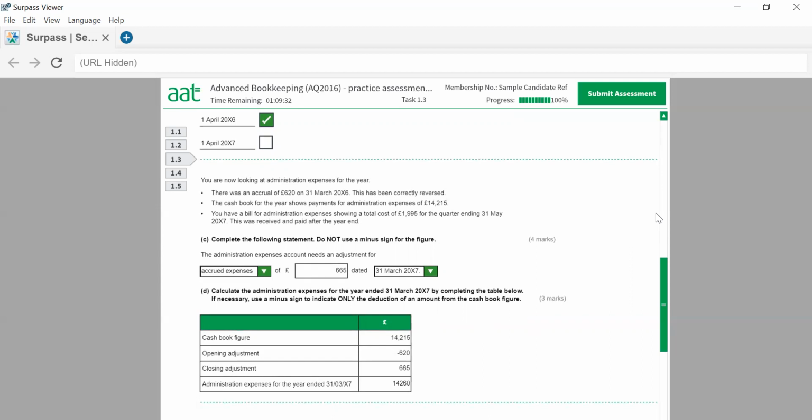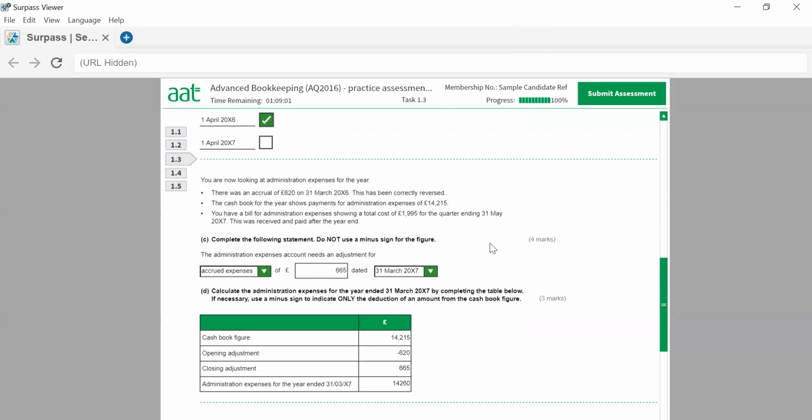So in your accruals account, you would have had 31st of March 2006, 620. So now we're going to reverse it. We're going to close it. So we're going to debit the accrual on the 1st of April 2006 for 620. So we've closed that accruals account, and we're going to credit the admin expense for 620.